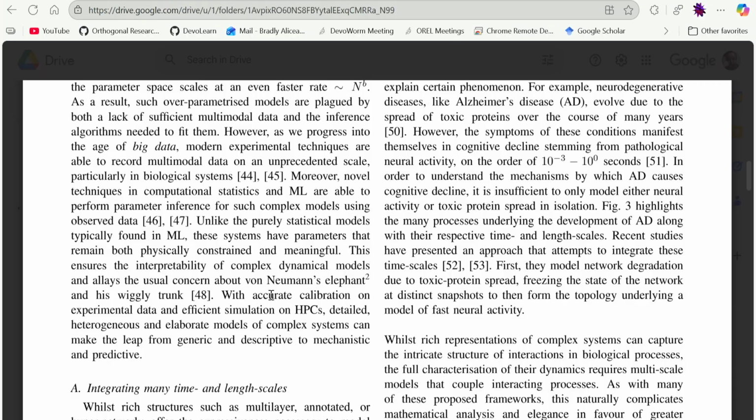the graph itself. This ensures the interpretability of complex dynamical models and allays the usual concern about von Neumann's elephant and its wiggly trunk. So that is in reference to this idea that von Neumann had: if you give me 5 parameters, I can model an elephant, and with 6 parameters I can wiggle its trunk.